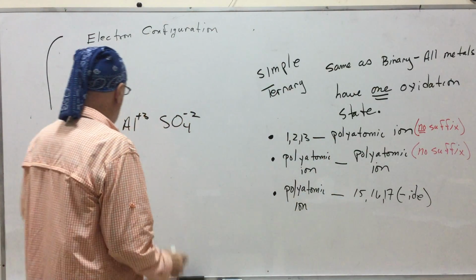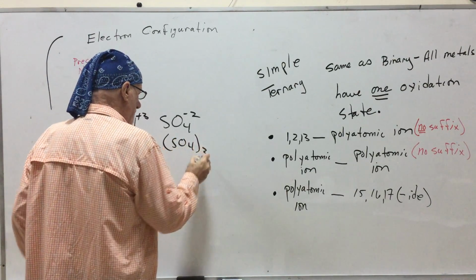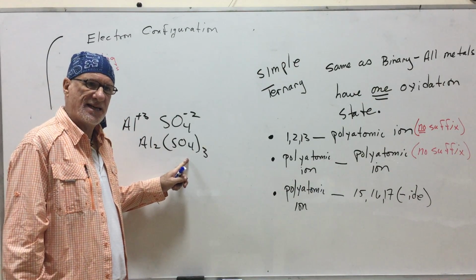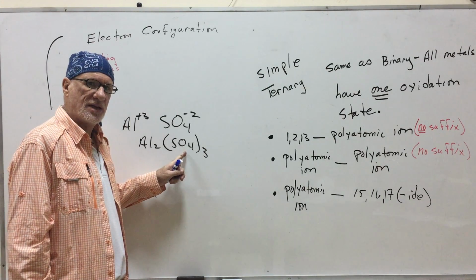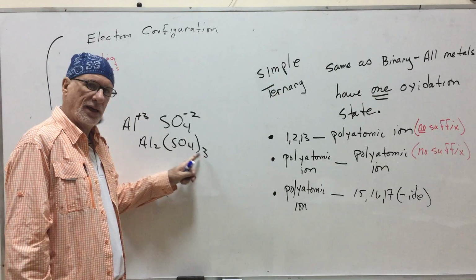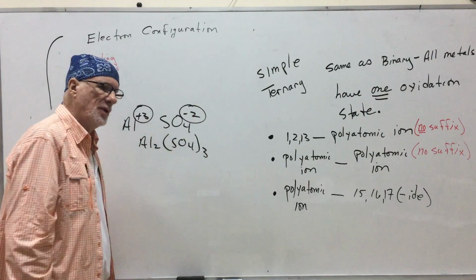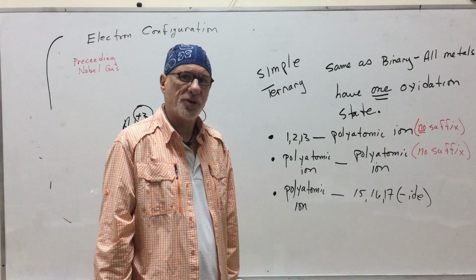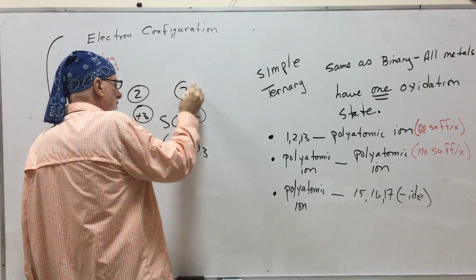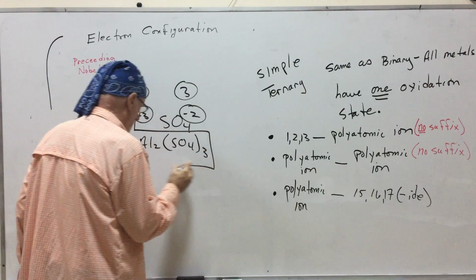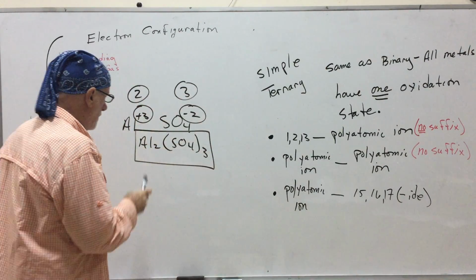So that's the polyatomic ion. So it's going to be aluminum and then sulfate. Remember, you need parentheses if indicating the presence of more than one of these polyatomic ions. So this is 3 of this and 2 of this. When you see 3 and 2, think the least common multiple of 6. So 2 of these would be plus 6, and 3 of these would be minus 6, and that would be aluminum sulfate. So that's like example 1.